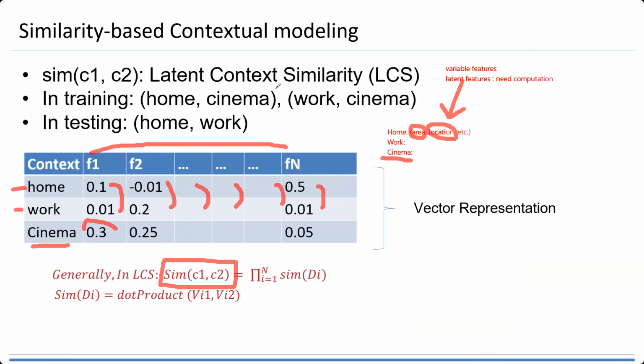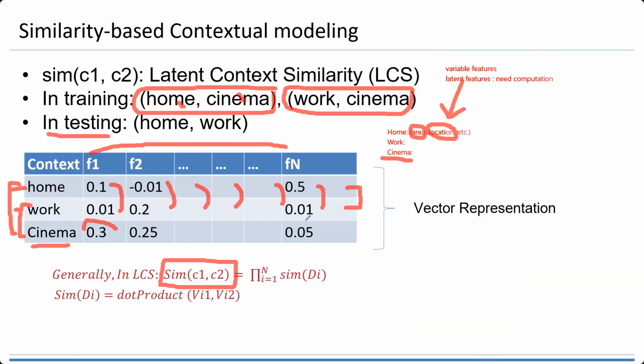It means we can look at a particular combination. For example, I want to calculate the similarity between home and cinema. So I will calculate home and cinema, and then I calculate the similarity between work and cinema. And then in the testing, I would like to use the similarity of home and work.